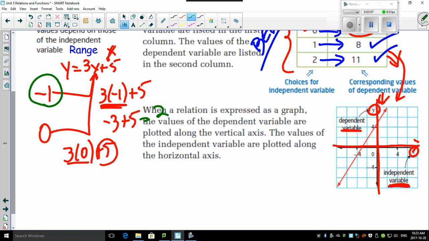So at -1, which is here, out popped a 2, which is about there. The other one was at 0, which popped out to be a 5, right there. There's our line. If we take a straight edge, we can put our line straight down like that, and that's how you represent these nice little beautiful points.